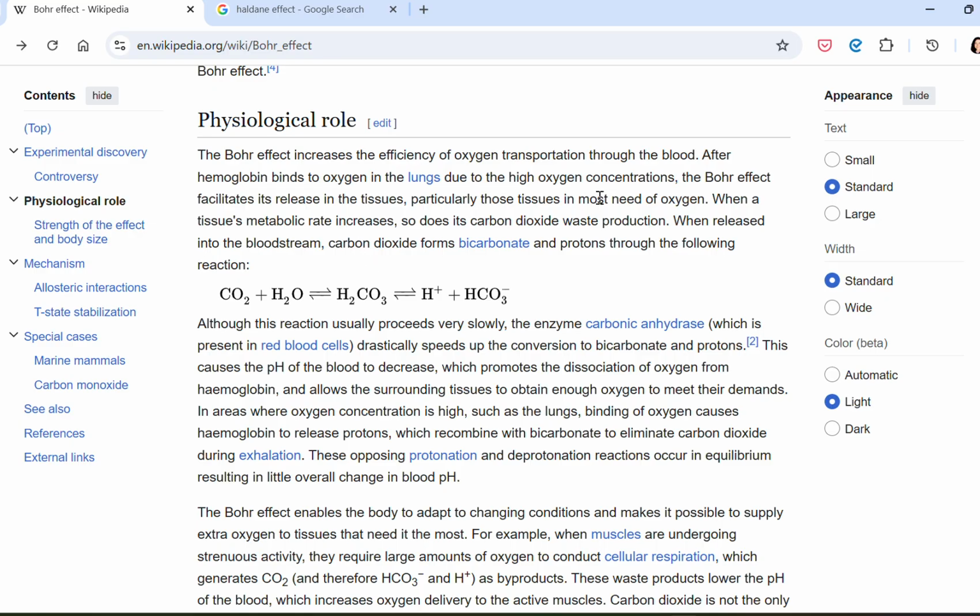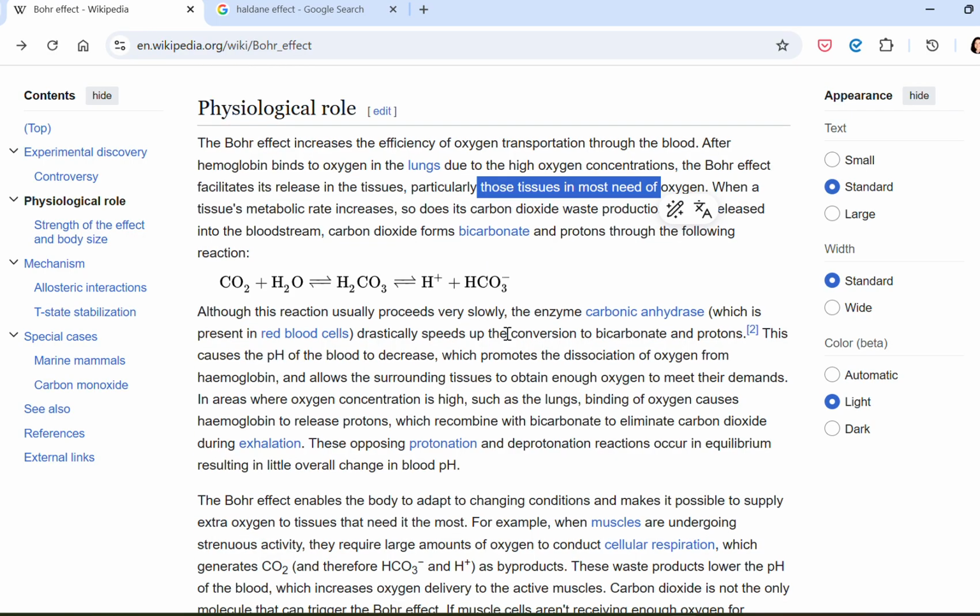In tissues, because the oxygen concentration is low, the hemoglobin releases the oxygen to the tissues. We have this carbon dioxide. So carbon dioxide can be carried by itself, as a proton, or as this bicarbonate ion here.